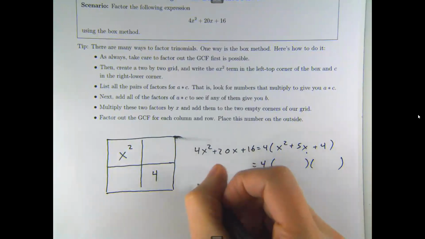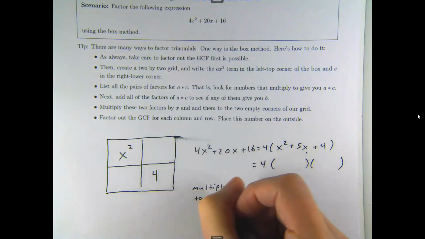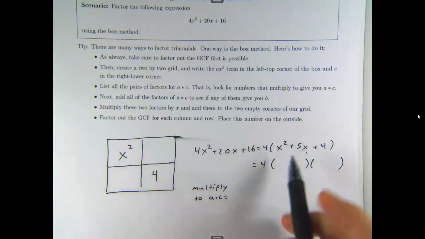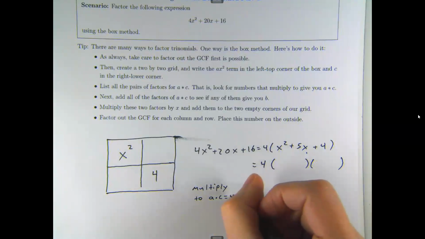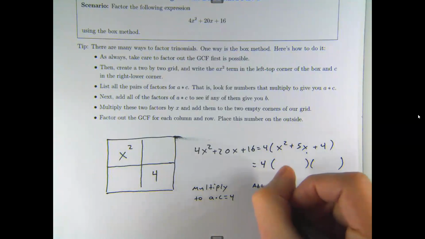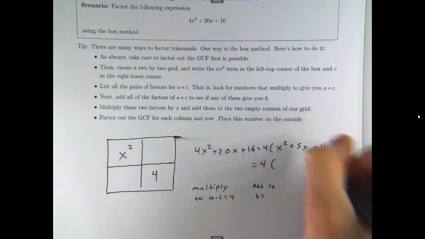So I'm going to list everything that gives me a multiplier to my a times my c. In this case, I have 1 times the 4, so 4. And I want them to add to that middle term, the middle number there is 5.